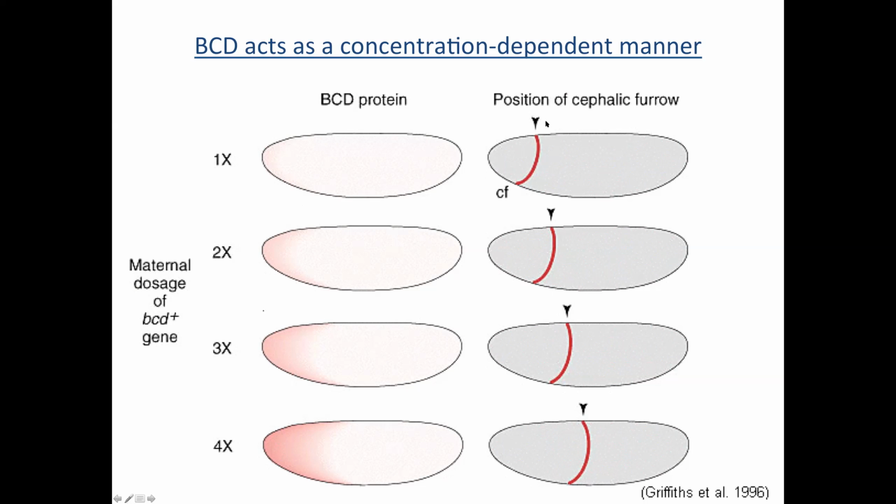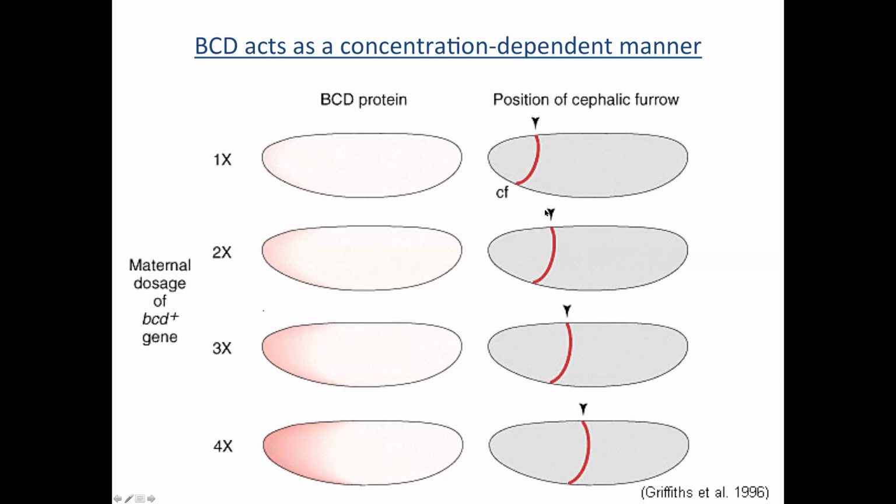Now, the formation of this furrow is actually dependent on bicoid concentration. This is the wild type amount of bicoid, say 1x, and the furrow forms here. The higher the concentration of bicoid, the more the cephalic furrow moves toward the posterior end.